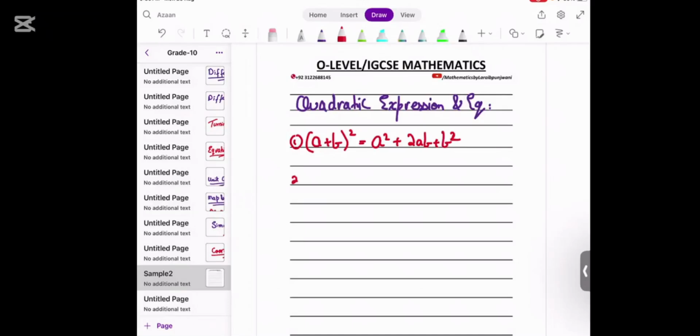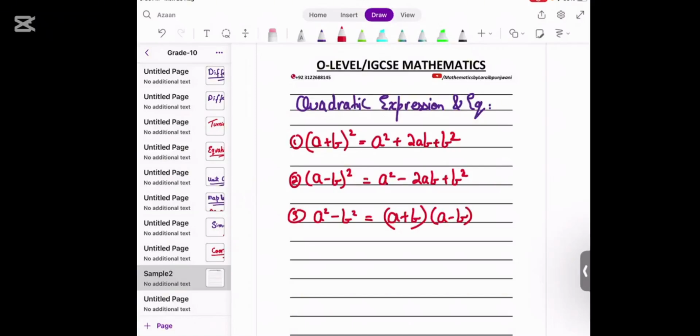Second one is a minus b whole square, which equals a square minus 2ab plus b square. And one more formula: a square minus b square will be equal to a plus b and a minus b. These are the three formulas we have right now.